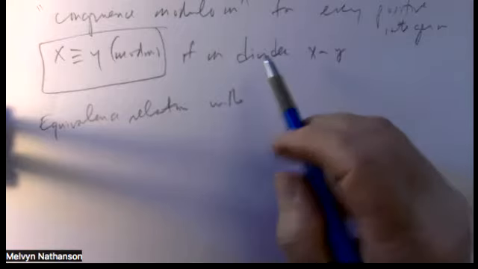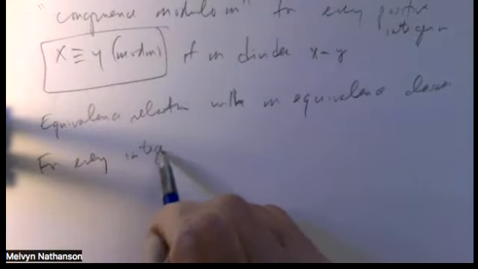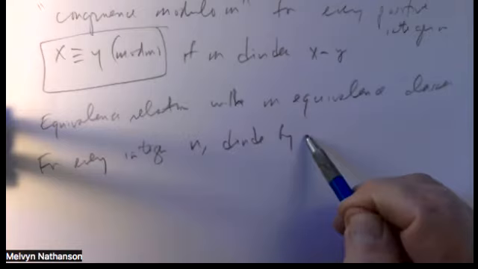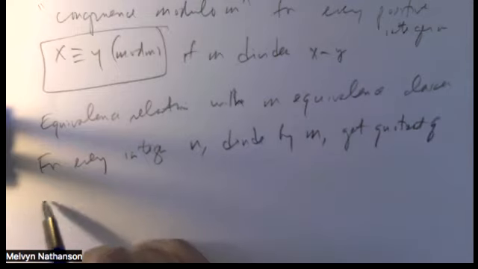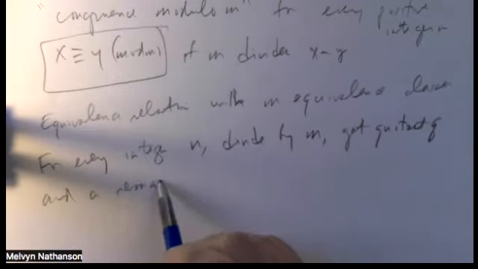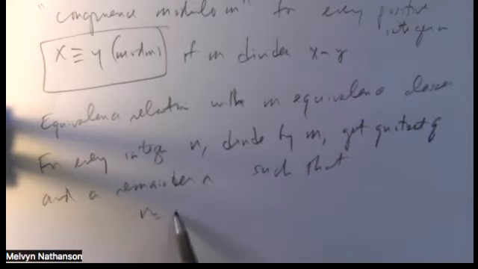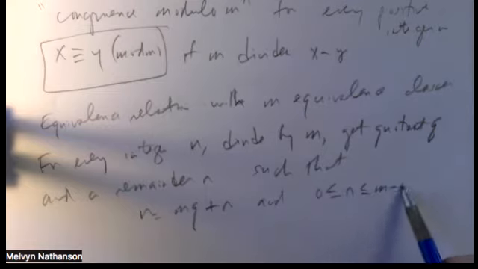With exactly m equivalence classes, because for every integer n, if you divide by m, you get a quotient q and a remainder r, such that n is mq plus r, and the remainder is between 0 and m minus 1.